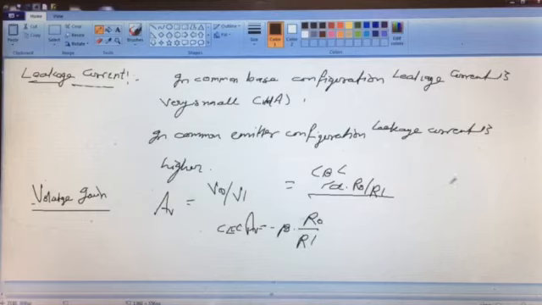Everyone knows that alpha is less than 1, so the voltage gain here is less than 1, while beta is greater than 1, so the voltage gain in common emitter configuration is larger, but its polarity will be negative. That means the output voltage will be out of phase with the input.